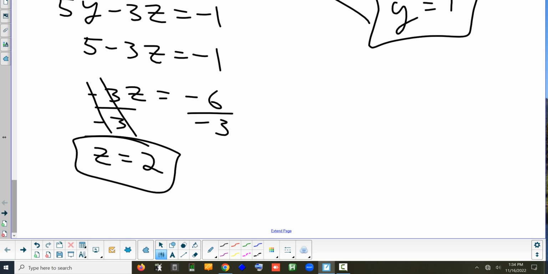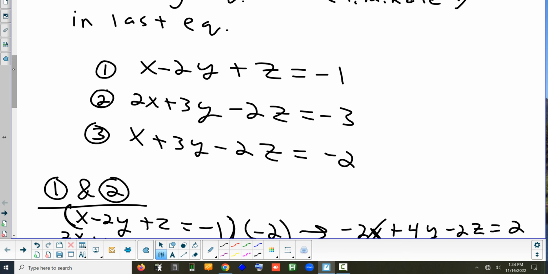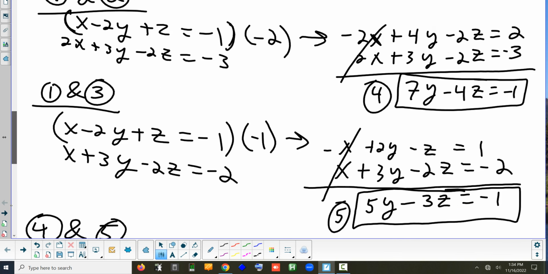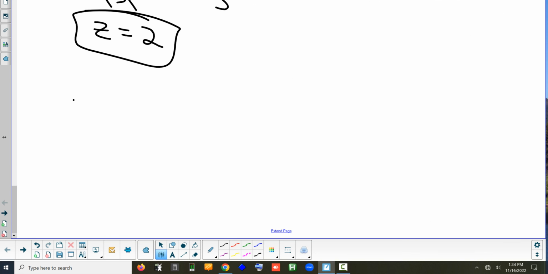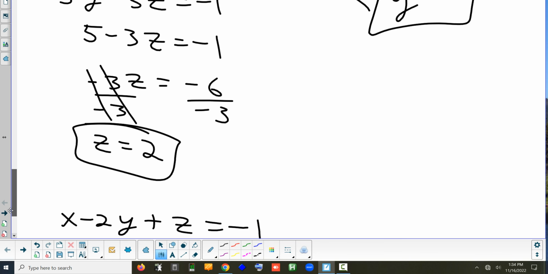And the last thing I have to find is x. Pick any equation you want. Yeah, that's a good one. x minus 2y plus z equals -1. And fill in the 2 things we know. We know y is 1.